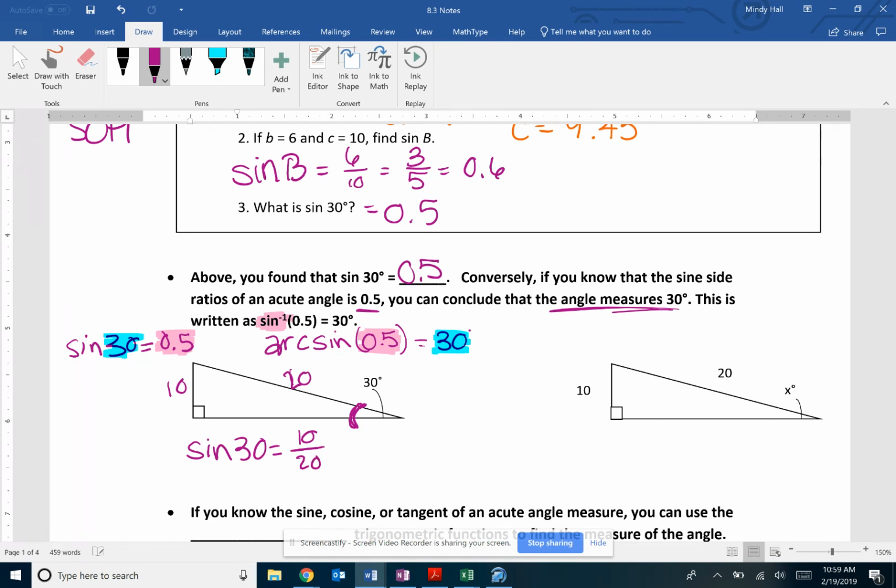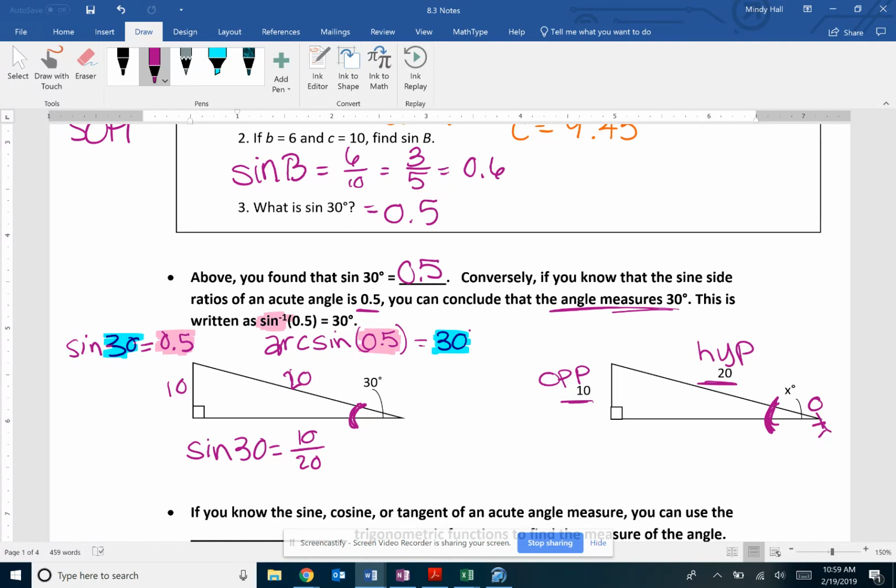But if you have it the other way where they say, hey, this side is 10 and this side is 20, what is this missing angle? Then you're going to have to use your brain a little bit. Because if you're standing there at that angle X, 10 is your opposite and 20 is your hypotenuse. So this is kind of like when you were trying to decide which trig function to use to figure out your missing side length, you're doing the same thing to figure out what the measurement is.